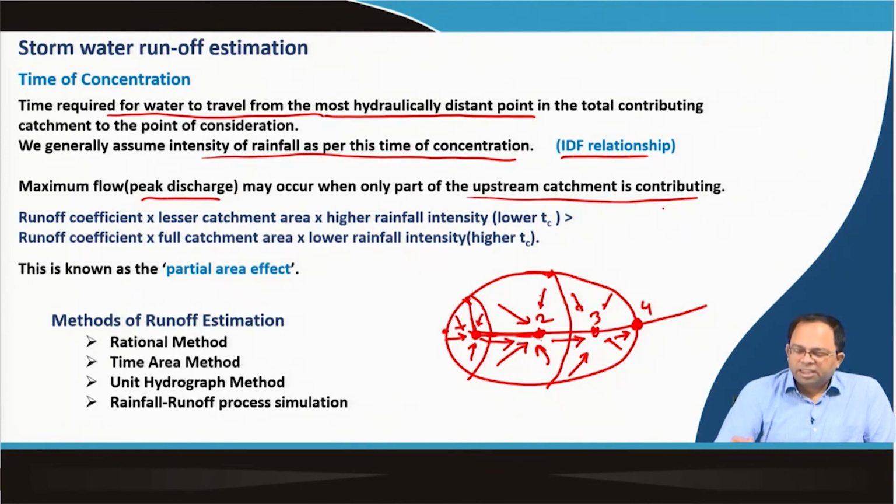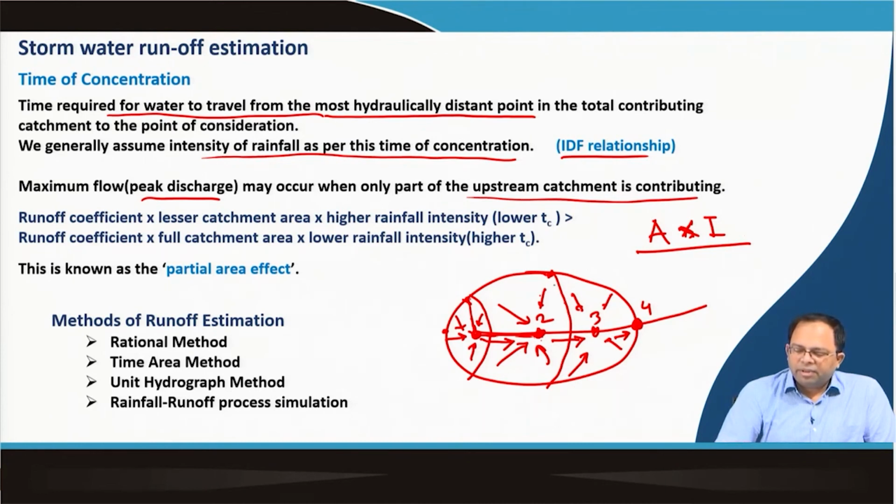How? The total flow being contributed depends on area into intensity. So, the total rainfall that falls on that area into the intensity of rainfall.